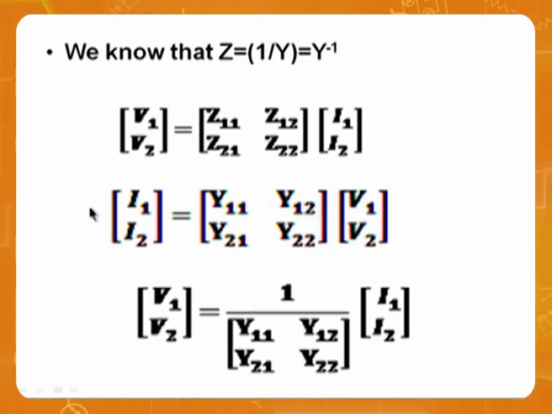That means 1 by Y. If you compare the first and the last, you can simply say the Z matrix is the inverse of the Y matrix. This is the proof that the Z matrix is the inverse of Y. If Z is the inverse of Y, automatically Y is the inverse of Z.